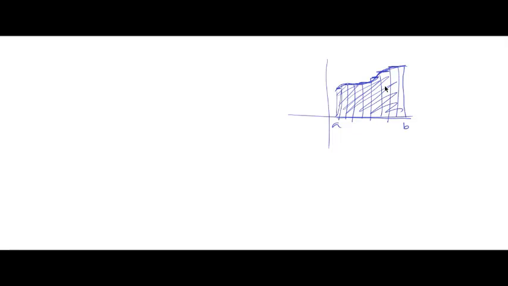And then we get to very, very narrow intervals. The area that we get by summing the area of these rectangles will approximate very well the area under the curve, right?